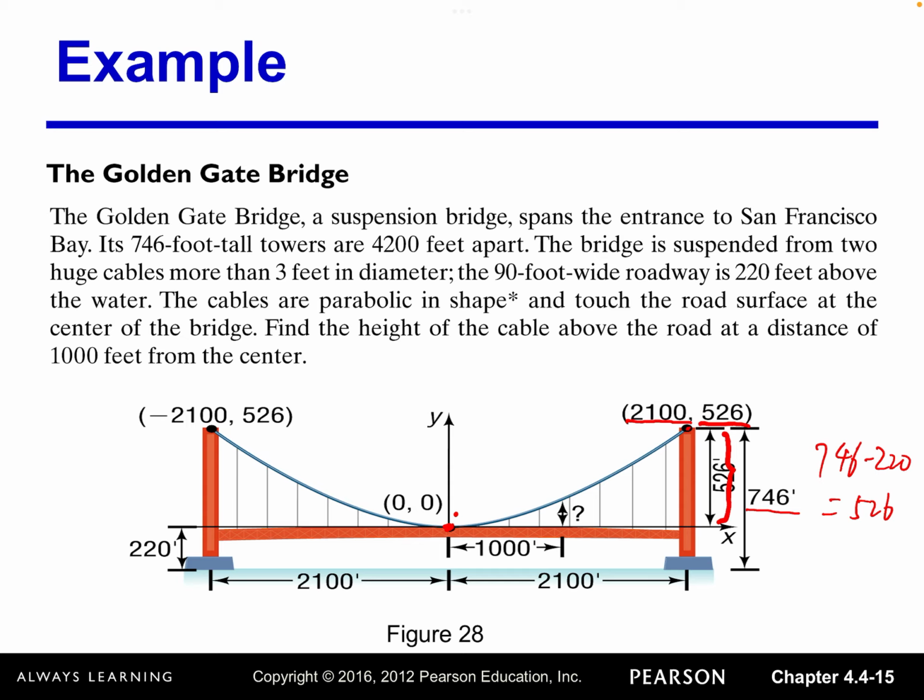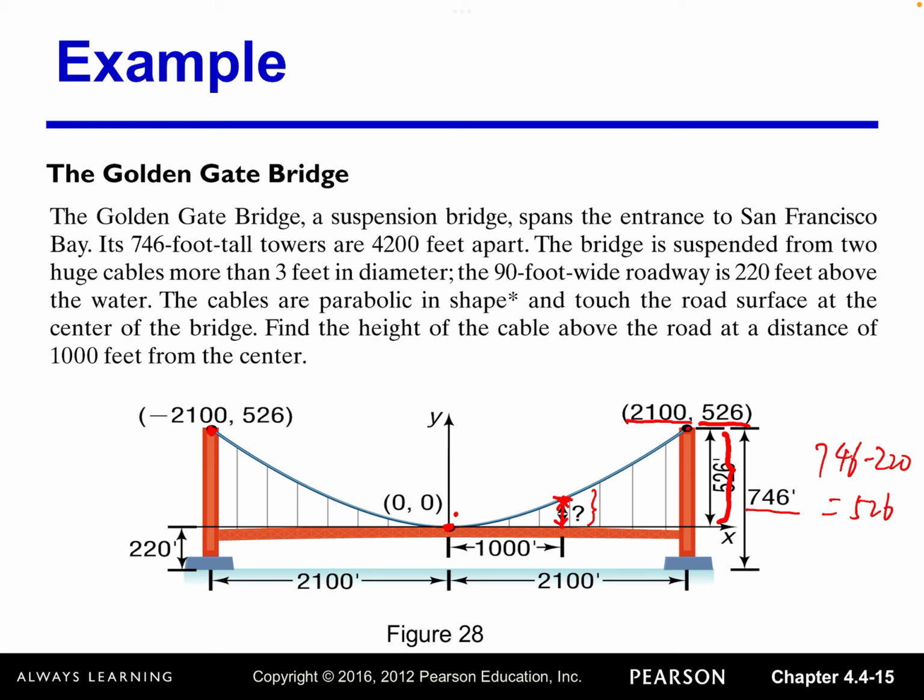All right. So based on the symmetrical property, this point's coordinates will be negative 2,100, right? And the y coordinate is the same, 526. And then what we're looking for is the height. Okay, this part.